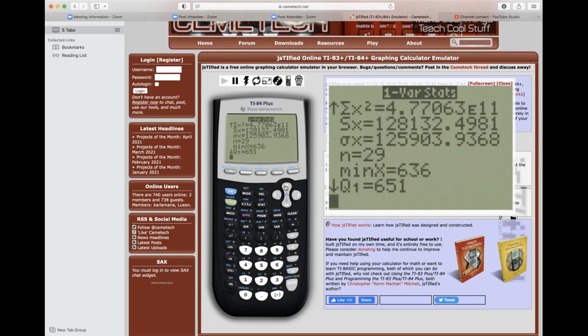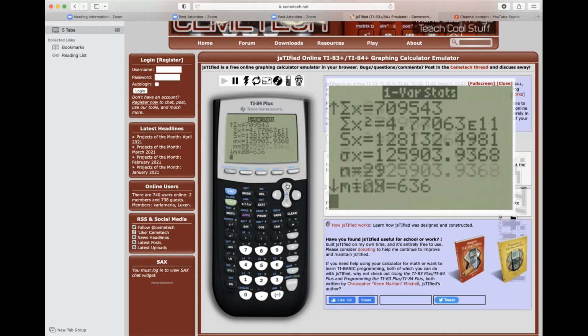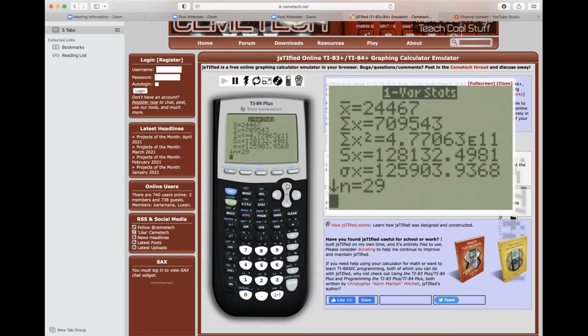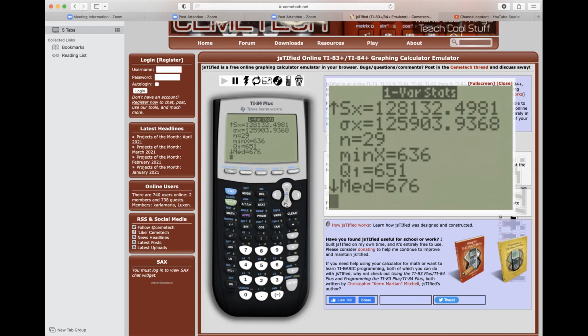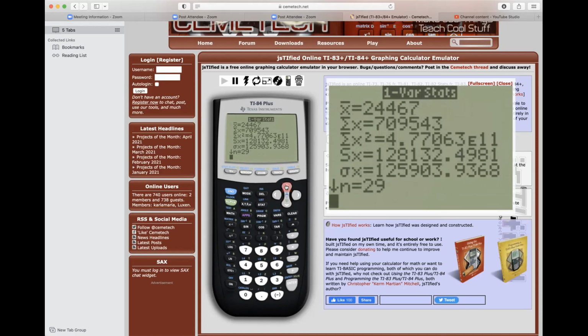The sample standard deviation is 132.4981. Let me check my mean again. 24,467, and my median should be 676. Yeah, that's what they said, right?